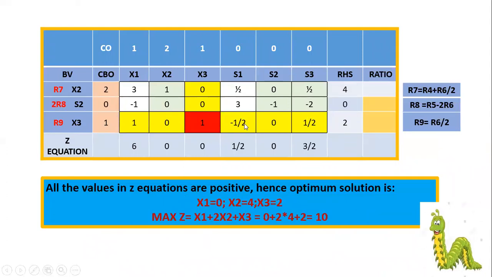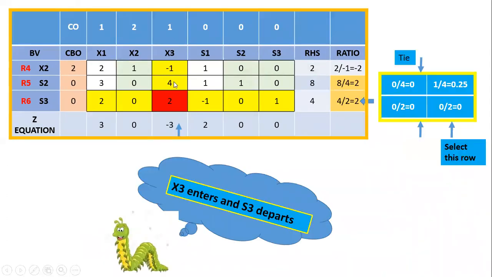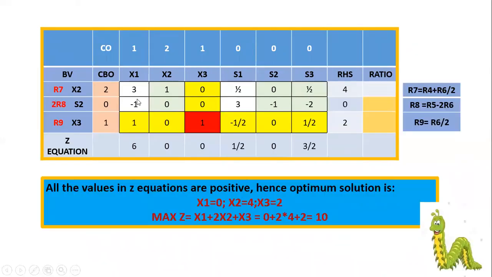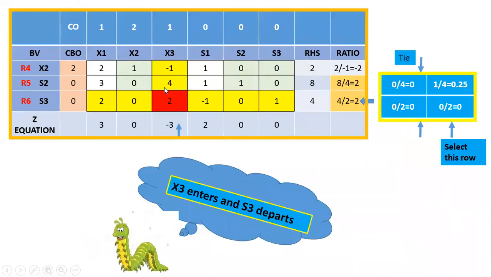So next, this 4 has to become 0. So how do you do it? So R5 minus 2 times R6. So then this value will become 0. 3 minus 2 times 2 is minus 4.